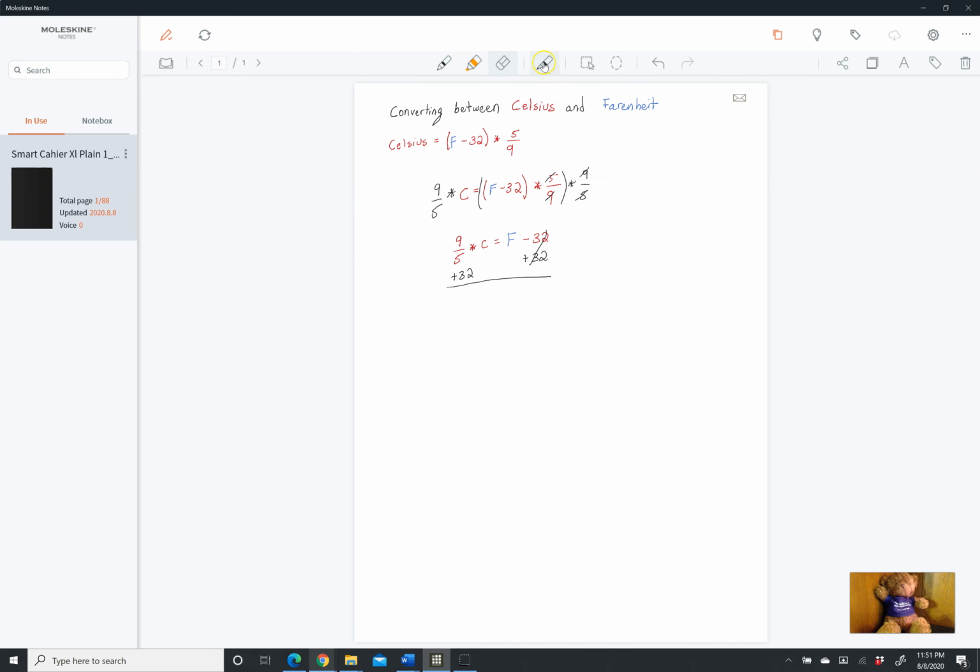And what we get is 9/5 C plus 32 is equal to F. And what this is saying is that if we're given a temperature in Celsius, now we can figure out what it is in Fahrenheit. So let's just write that down over here.